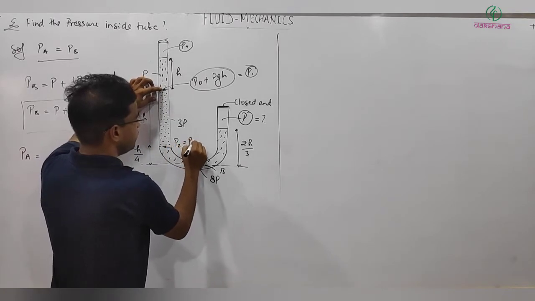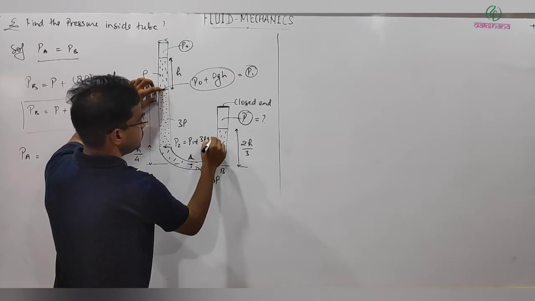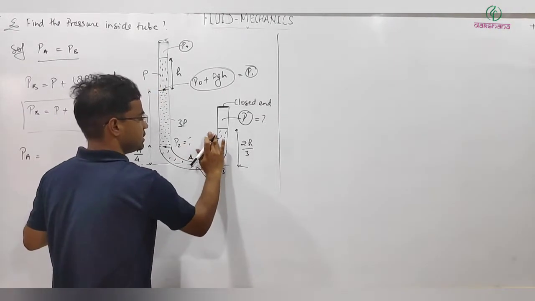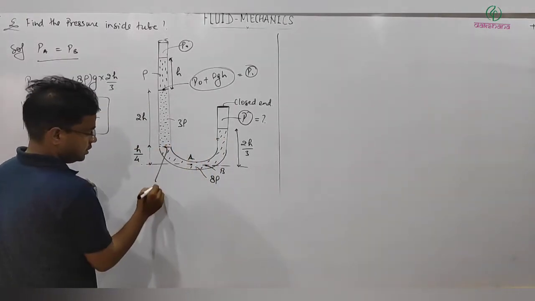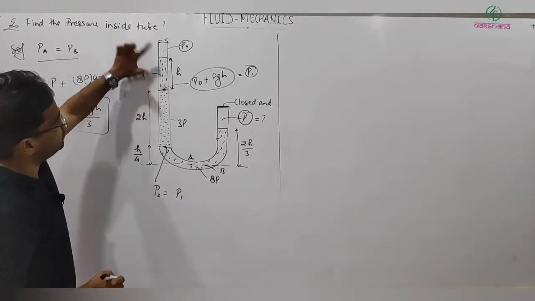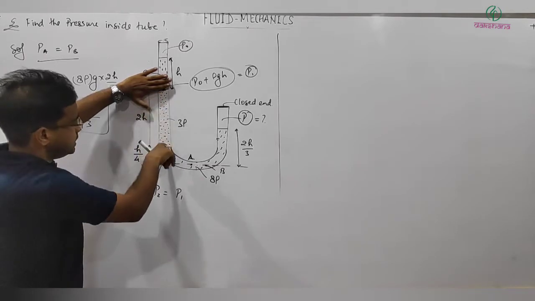P2 equals P1 plus density 3 rho G into 2h. It's congested, let me write. The pressure at this point is P2, and I know the pressure at this point is P1, then this is the liquid.